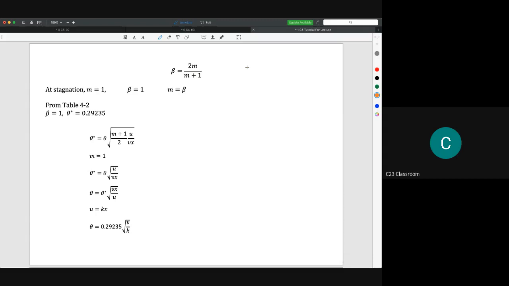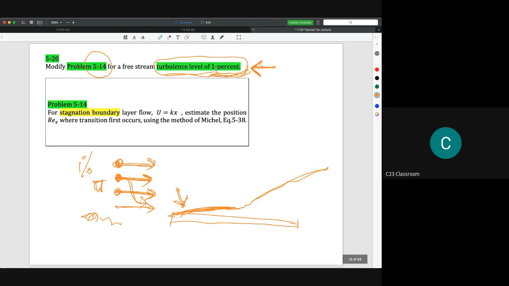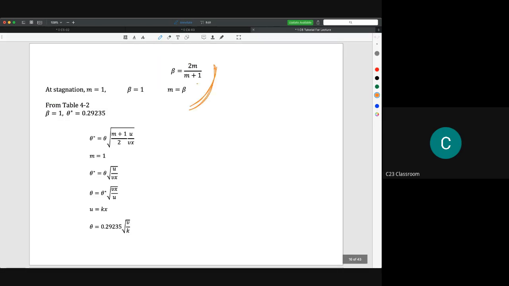Okay, so we go to this one. This is the equation that we have. From the previous question, for the stagnation boundary layer, beta is equal to 1, and m is also equal to 1. These values can be found from Table 4.2.